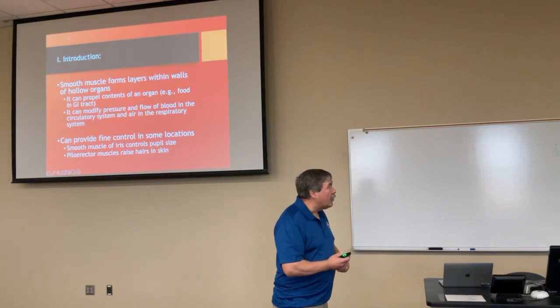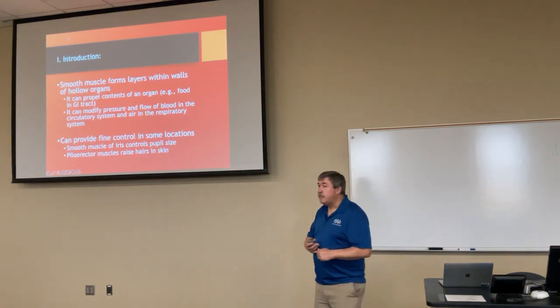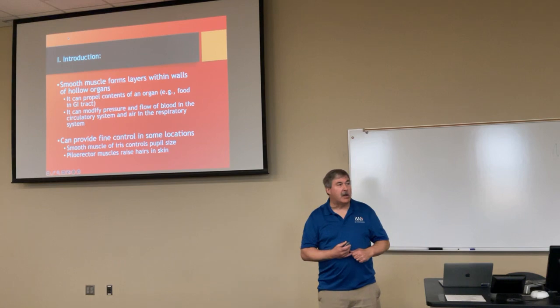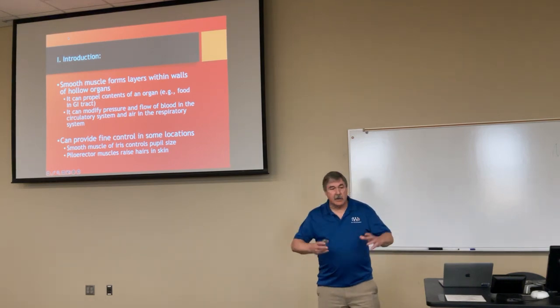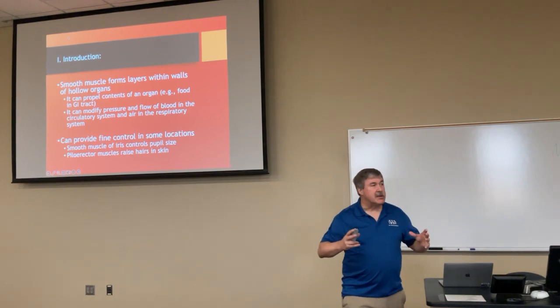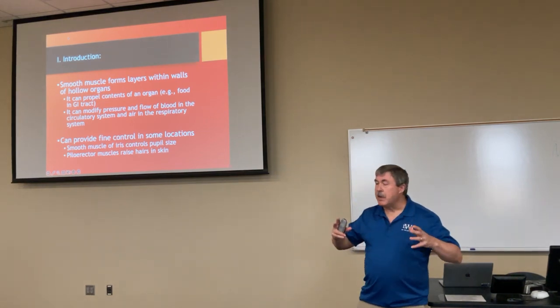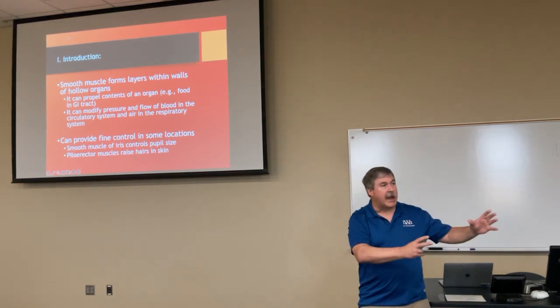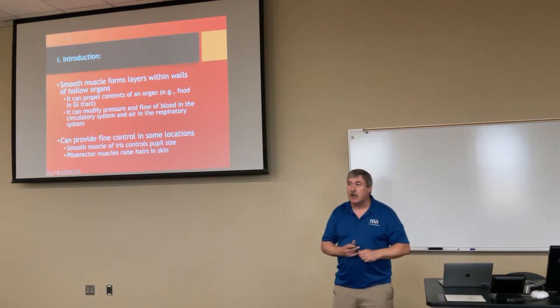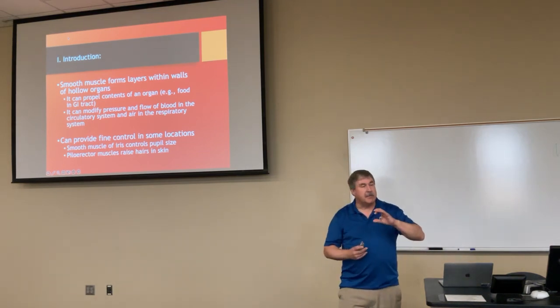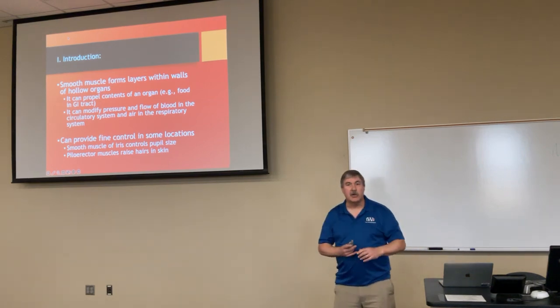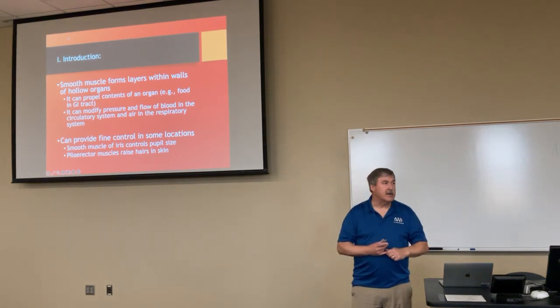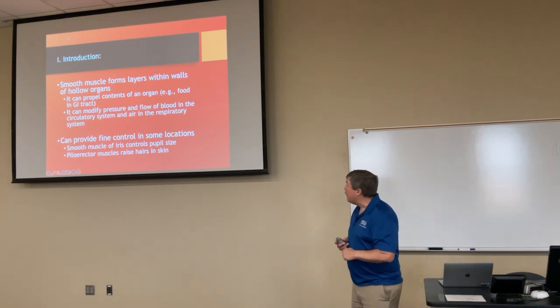All right, so smooth muscle forms layers within walls of hollow organs, and the smooth muscle that's in the walls of hollow organs undergoes wave-like contractions called peristaltic contractions that move substances through the hollow portion of tubular organs like the digestive tract.